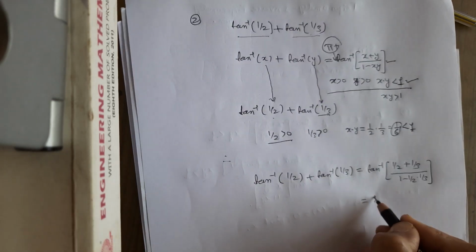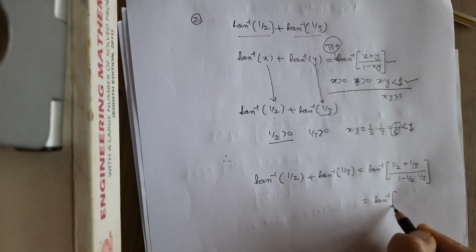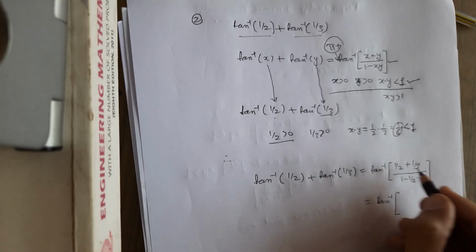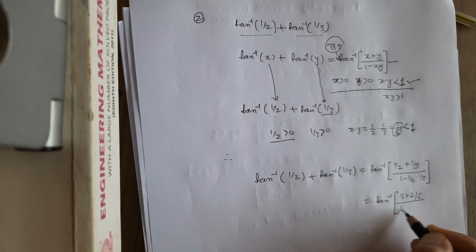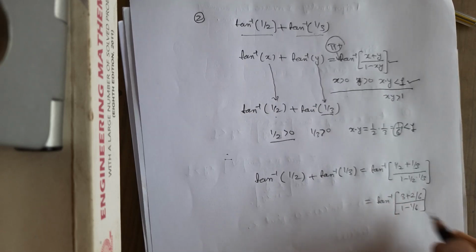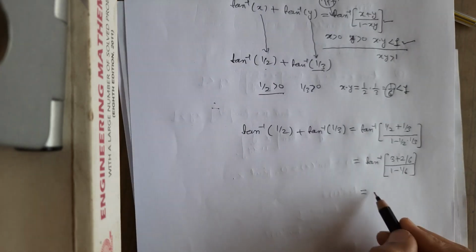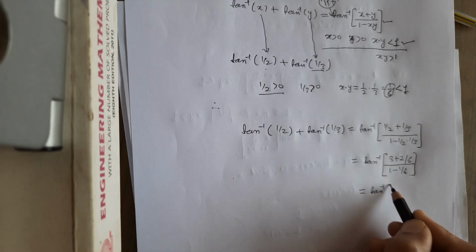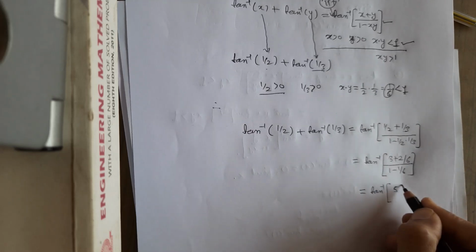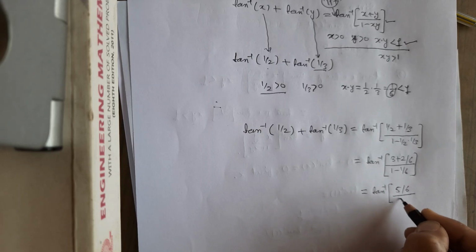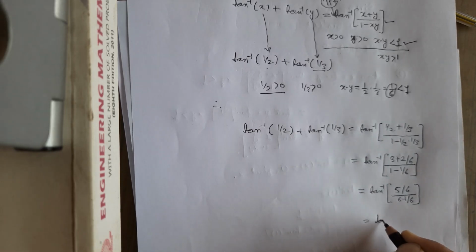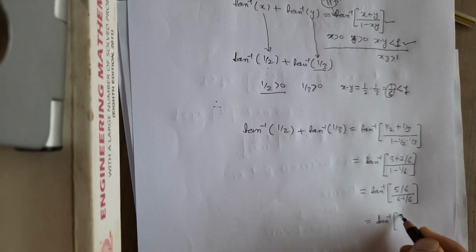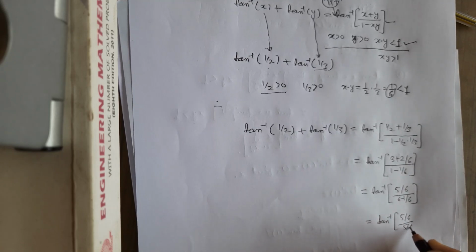So this equals tan inverse of, just cross multiply, (3 plus 2) upon 6, upon (1 minus 1 by 6), which is tan inverse of 5 by 6 upon (6 minus 1) upon 6, that is tan inverse of 5 by 6 upon 5 by 6.